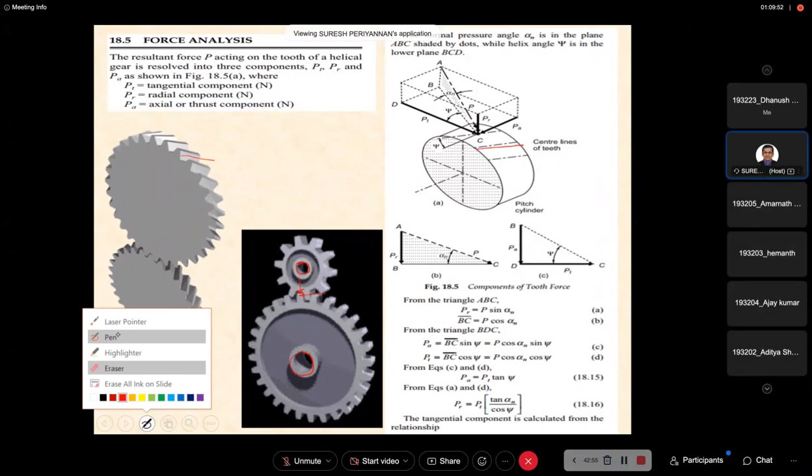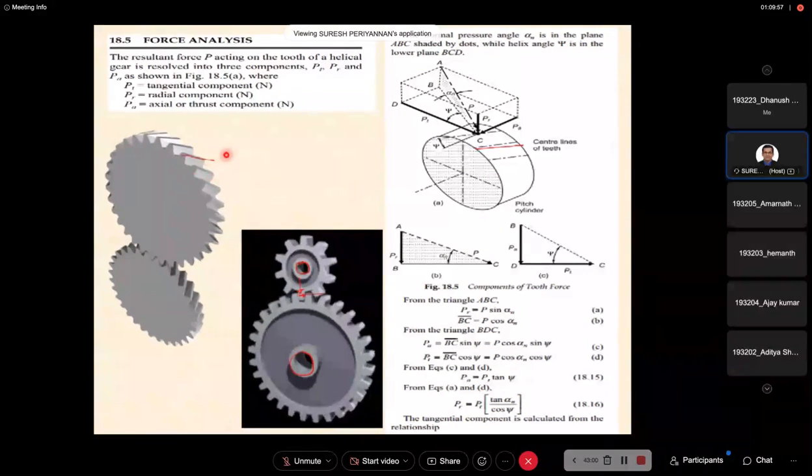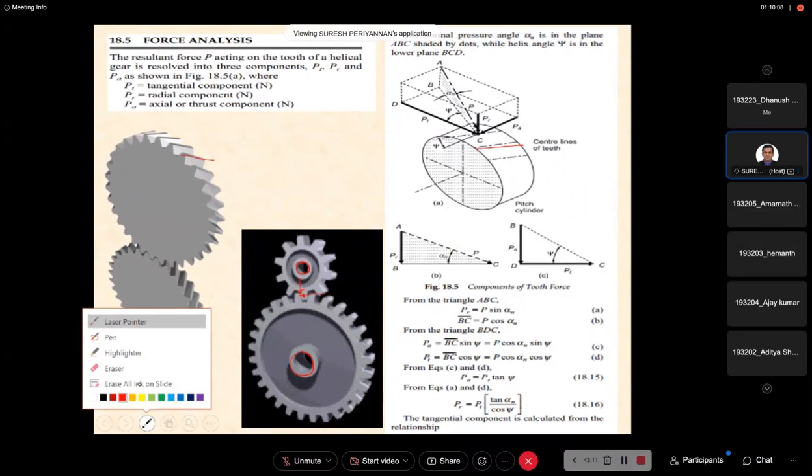Please carefully see this video. This is the line. This is the gear teeth. The gear teeth line is exactly reflecting our schematic diagram, which we are going to discuss now. Now come to this. What force components are acting here?